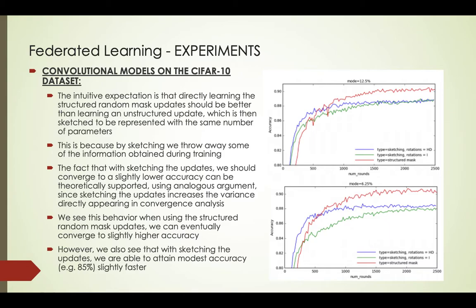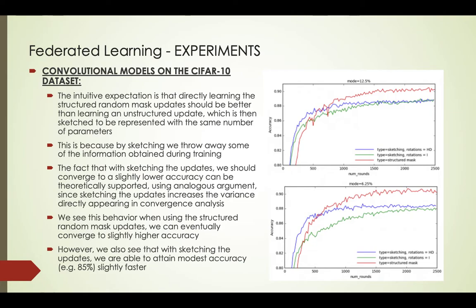The intuitive expectation is that directly learning the structured random mask updates should be better than learning an unstructured update, which is then sketched to be represented with the same number of parameters. This is because by sketching we throw away some of the information obtained during training.